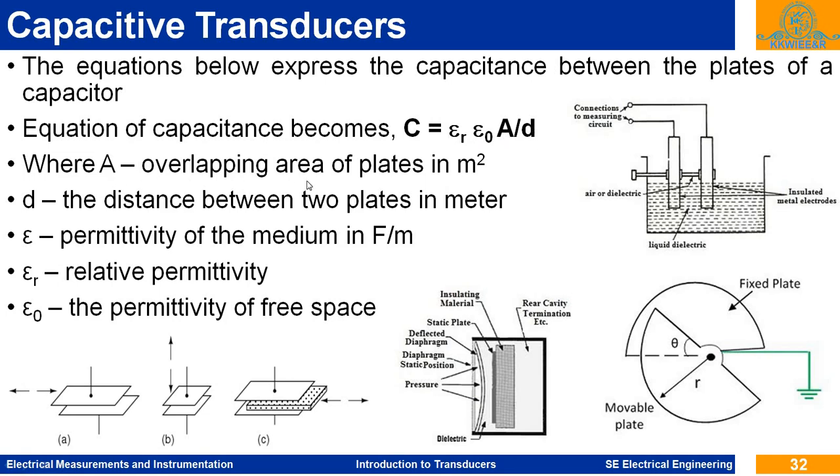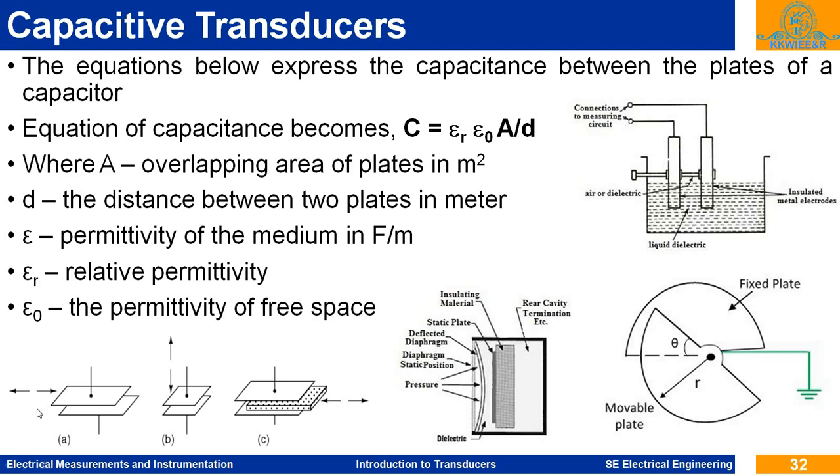A is the overlapping area of the plates in meter square. d is the distance between the two plates in meters. Epsilon is the permittivity of the medium in farad per meter, epsilon r is the relative permittivity, and epsilon 0 is the permittivity of free space.